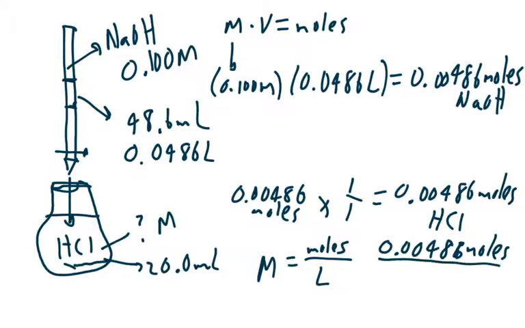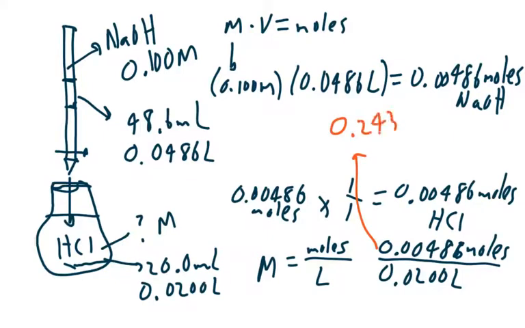Now we have to convert the volume of HCl into liters. That'll be 0.0200 liters. So if we divide by 0.0200 liters, we're going to get a molarity of 0.243 M for molar. That would be our answer to this problem.